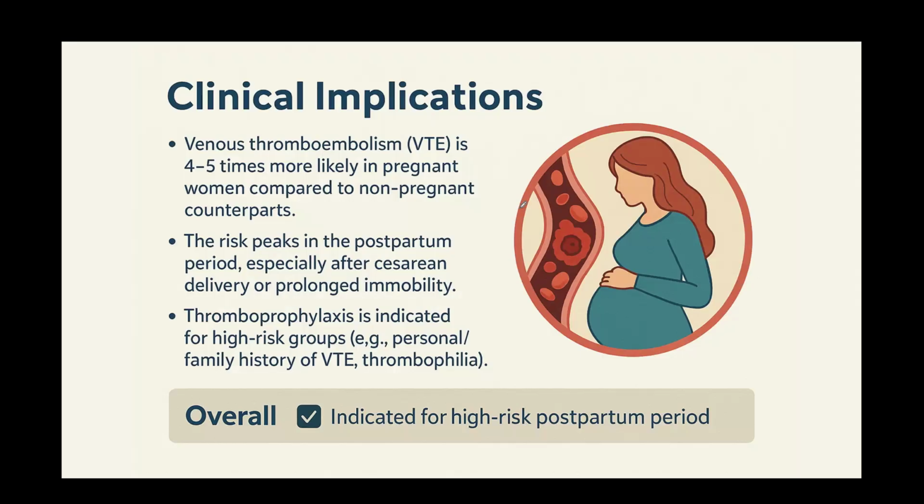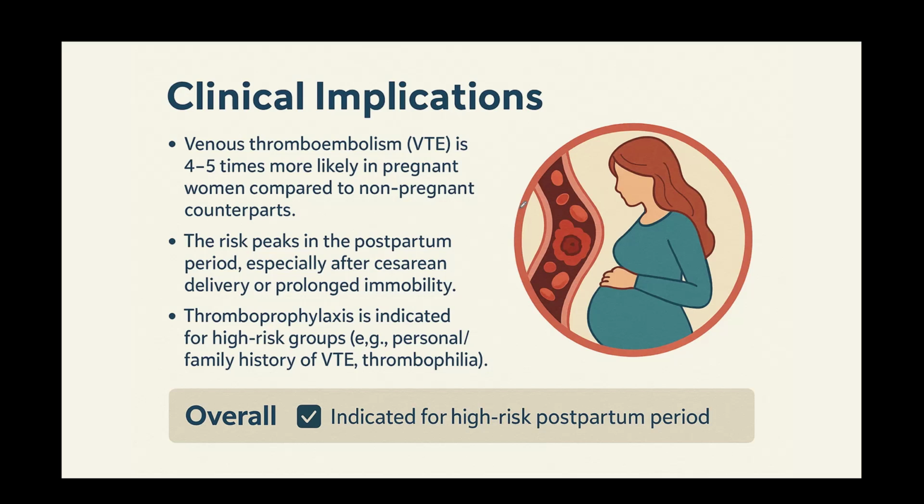So, clinical implication: there is an increase in venous thromboembolism (VTE) by 4 to 5 times in pregnant women compared with non-pregnant counterparts. The risk period is the postpartum period, especially after cesarean delivery and prolonged immobility.